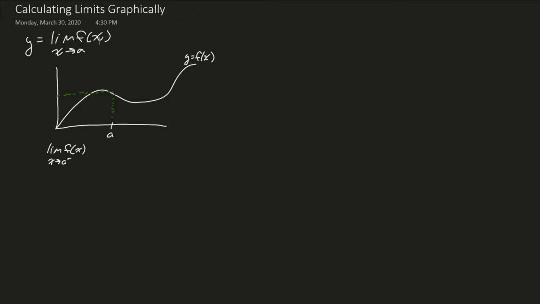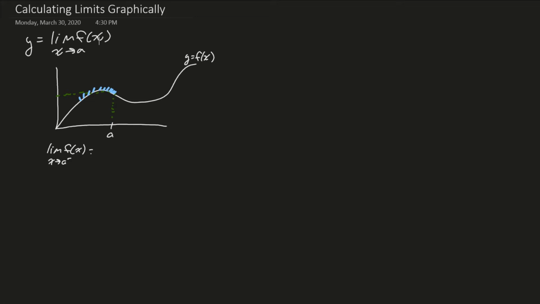So a minus. Graphically what this means is we should consider that we're going to be walking across this line towards a from the left-hand side. I'm going to put little tick marks here, and we're just going to wander towards the a value. And when we're finally there, we'll never pass it. But when we get to that a value, we want to figure out what y value we're at.